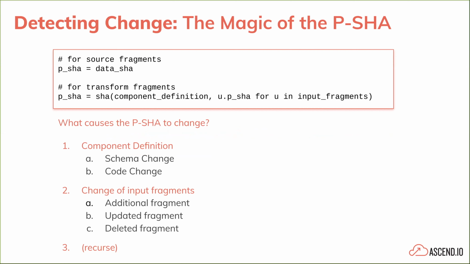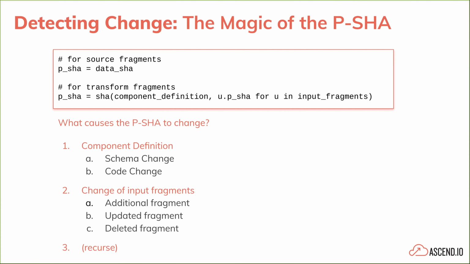Really, the way to think about a PSHA is that for input data, where the system starts, it can just be the data SHA itself. Whereas for any transformation, it's a recursive SHA of the component's own definition plus the SHAs of all upstream input fragments, which lets us very quickly determine: is the PSHA different than what we would have expected it to be?